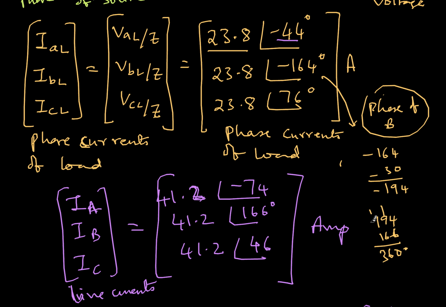So it is exactly matching. I can write this as 41.2 angle minus 194 degrees. Because we use a computer, it displays the angle like this. And here it is again straightforward: 76 minus 30 is 46. So everything is okay.